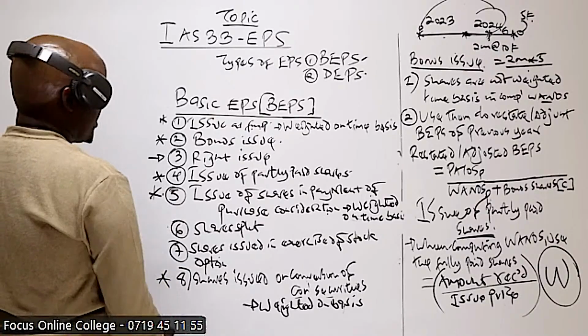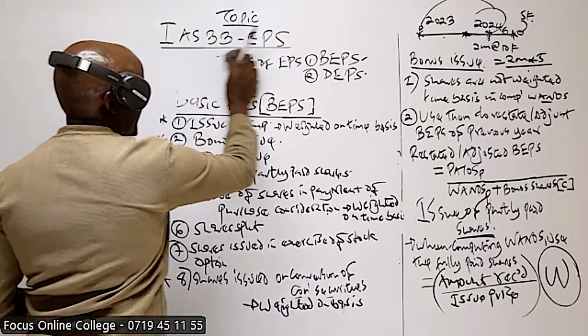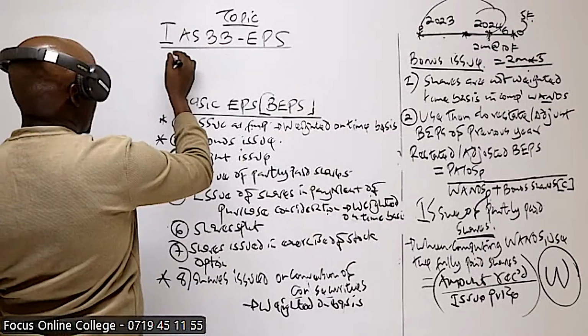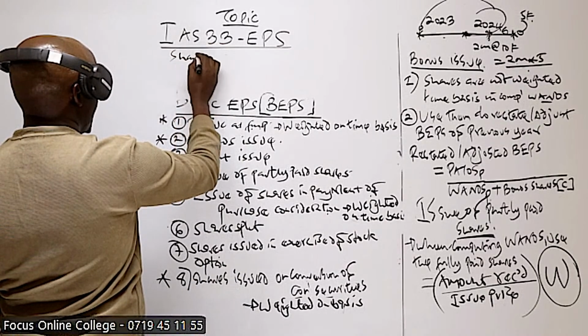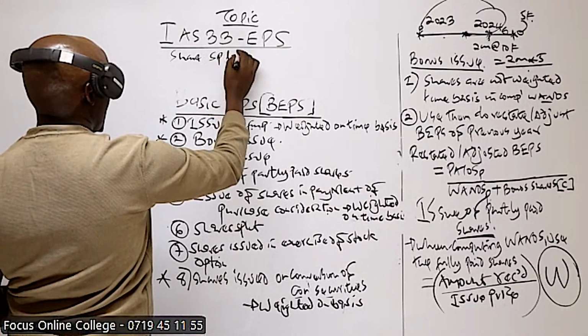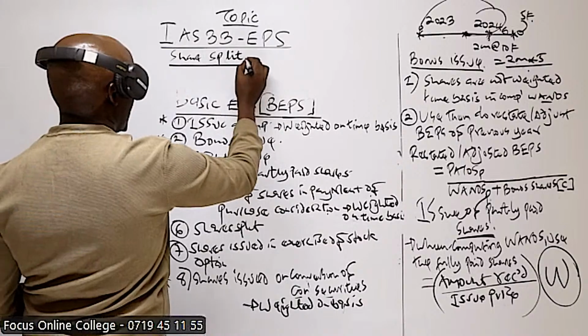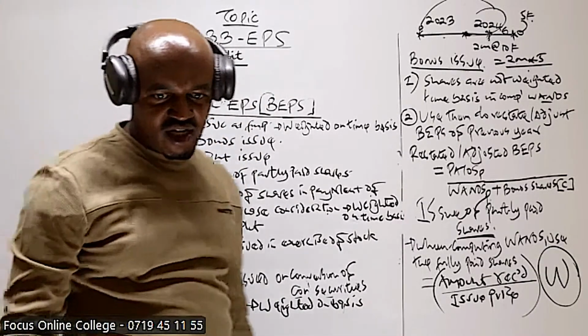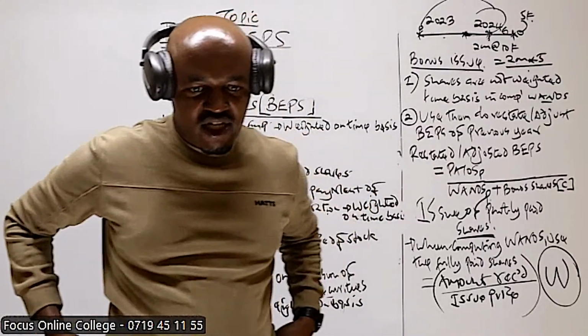Then I want us to discuss something to do with the share split. I know this is a concept you came across in company law. Now, what do you mean by the share split?